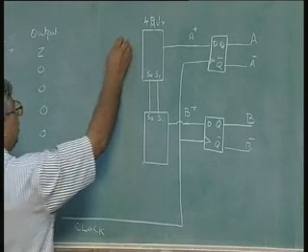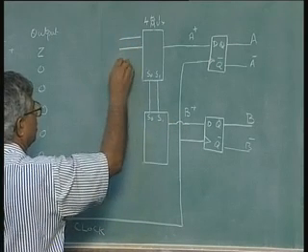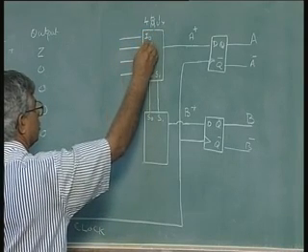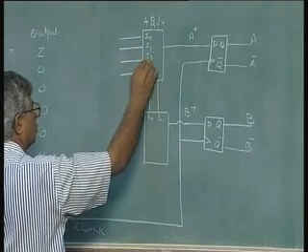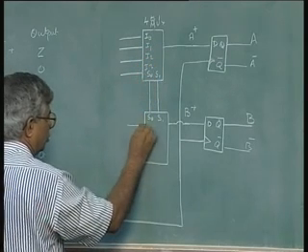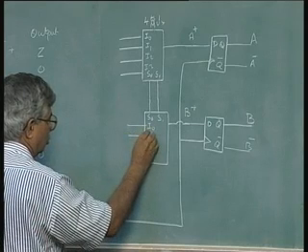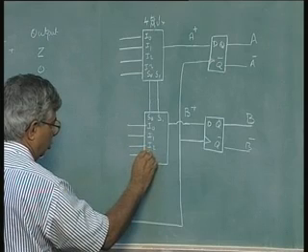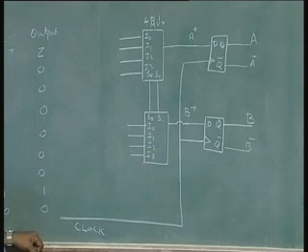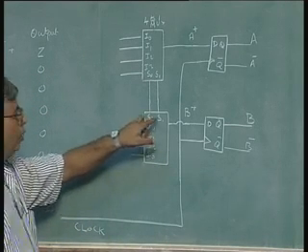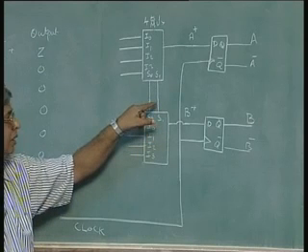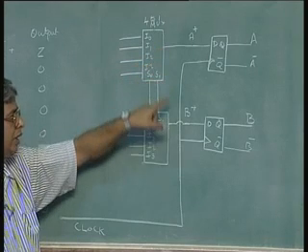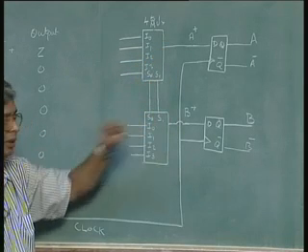Now, that means I will have this I0, I1, I2, I3. And S0, S1 are the present state variables. Present state variables with a given input condition give you the next state outputs for these 2 multiplexers.